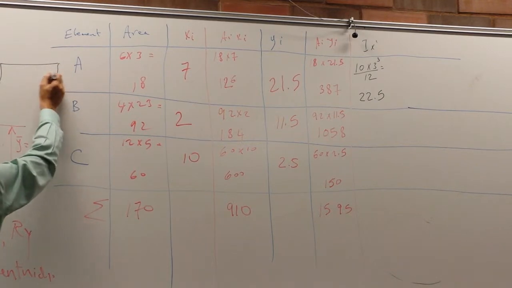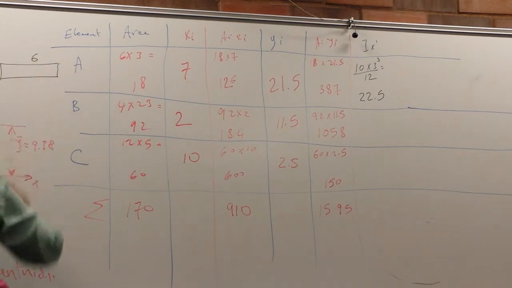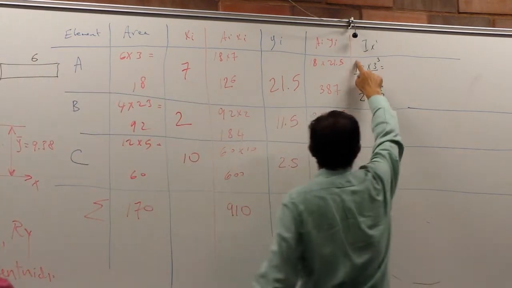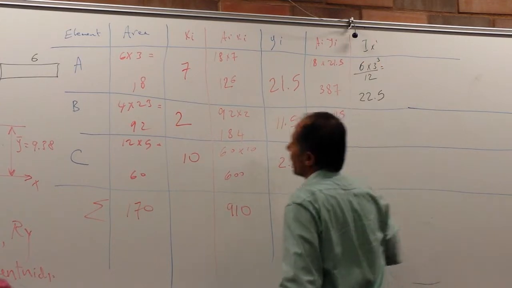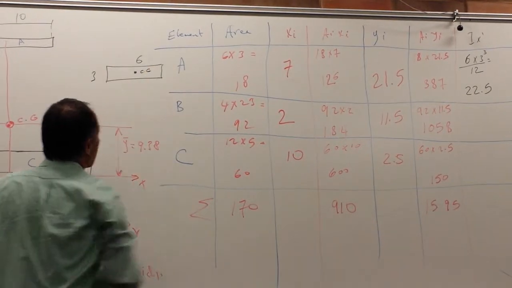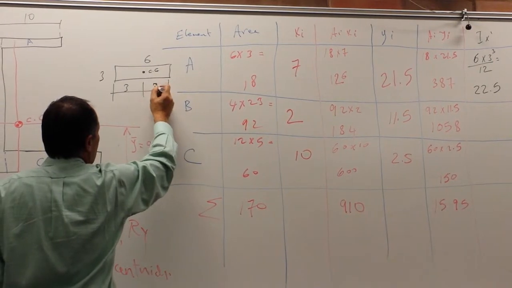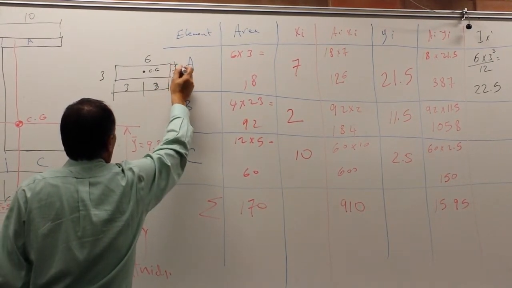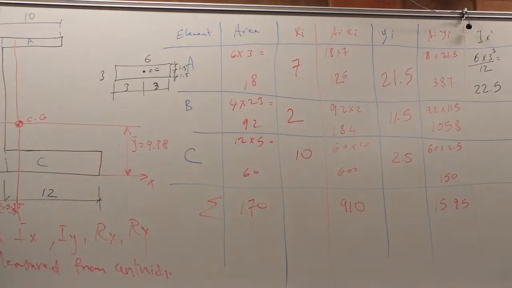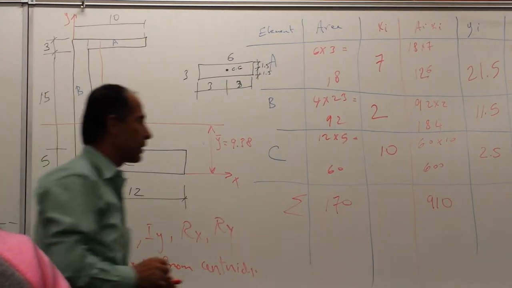Element A is 6, sorry, not 10. Element A is 6 times 3. The center of gravity is right in here, 1.5, 1.5. At its own center of gravity it is going to be 6 times 3 cubed over 12, which is 13.5.